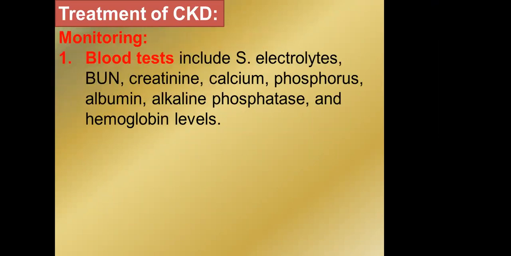How do we reach these goals? By monitoring of the patient, with blood tests including periodic monitoring of serum electrolytes, blood urea nitrogen, creatinine, calcium, phosphorus, albumin, alkaline phosphatase, and hemoglobin level for the achievement of good growth for the patient and for prevention of renal osteodystrophy.